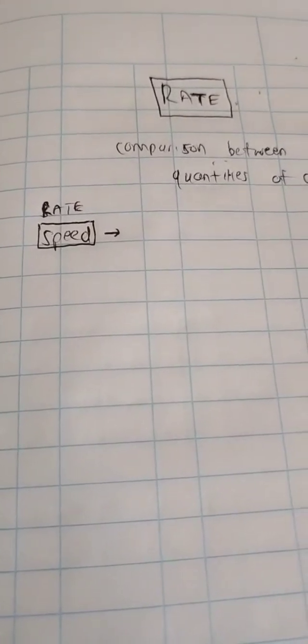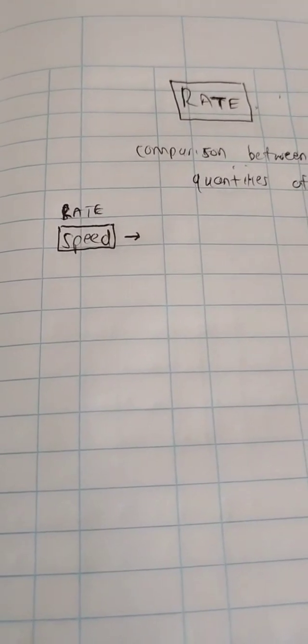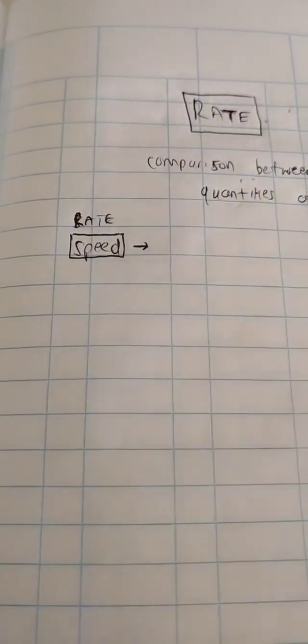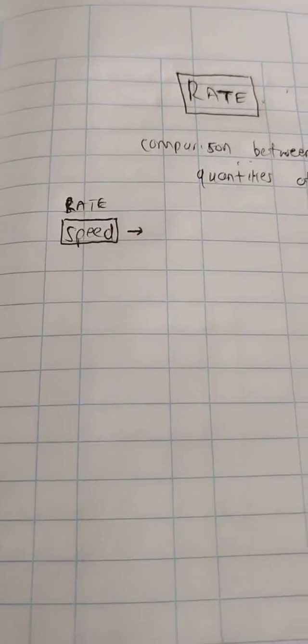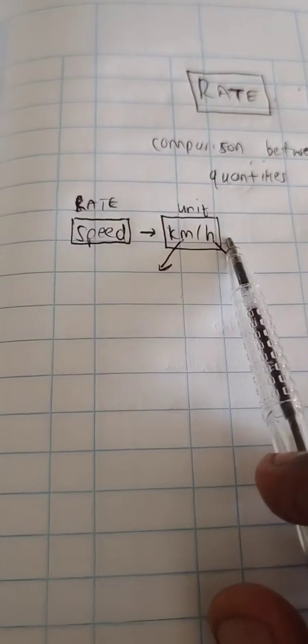And those two quantities are what? You know that speed is in kilometers per hour. That is the unit of speed. So the two quantities that we compare are actually found in the unit itself.